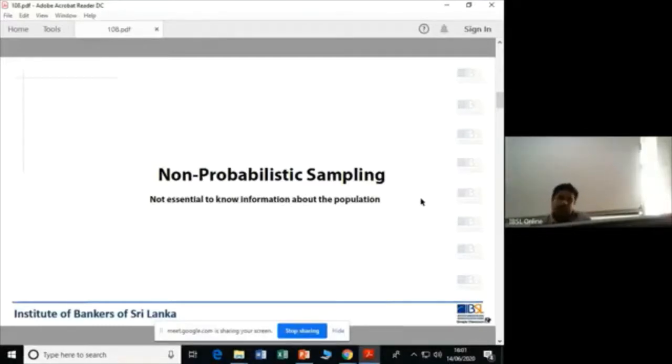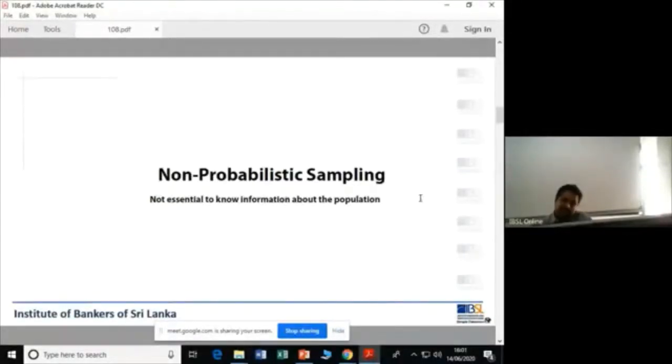So instead, we will select, let's say, 10 students from each district and try to build up our sample. But there may be students or densities or concentrations that you are not focusing on if we just went through non-probabilistic sampling, because you are not aware of the information of the entire population.